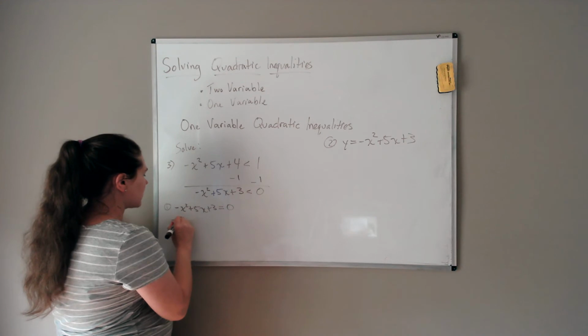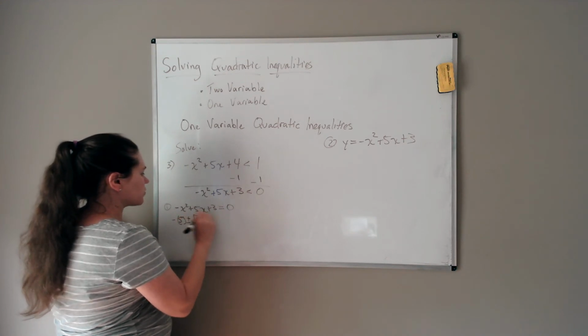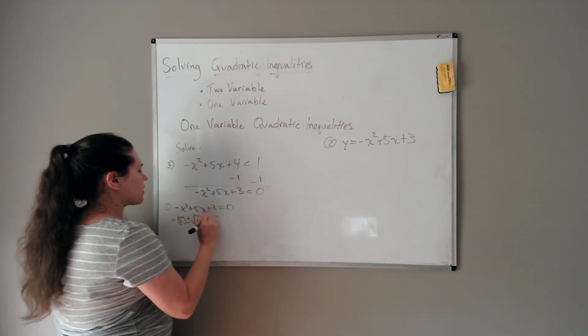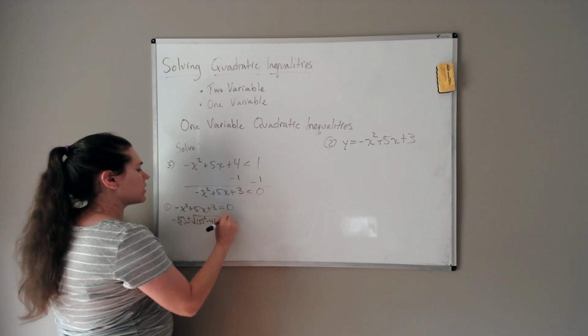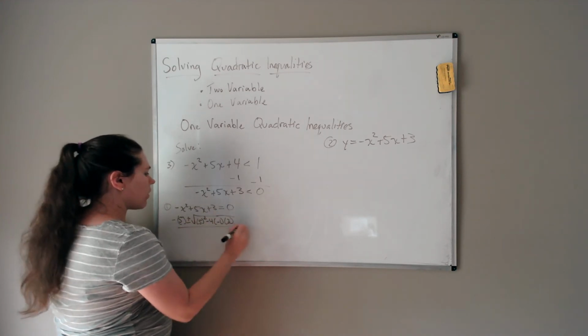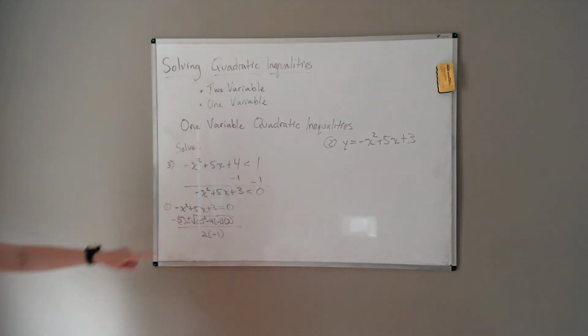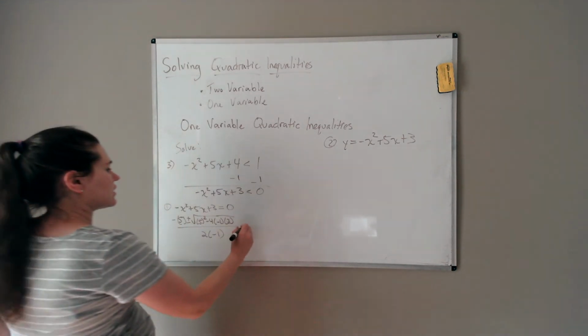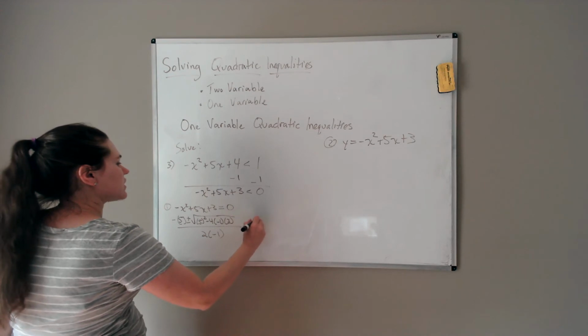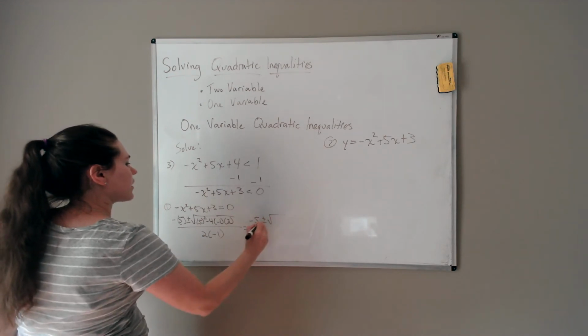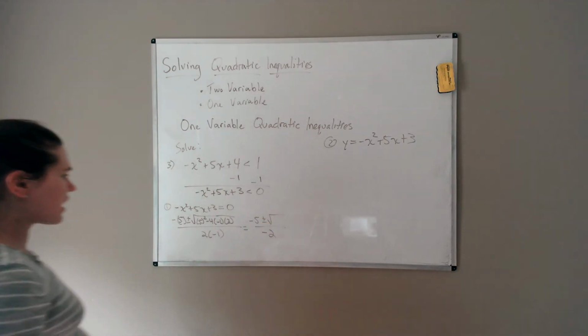So this is going to be -5 plus or minus the square root of 5 squared minus 4 times -1 times 3 all over 2 times -1. So now I have to simplify this and see what my x-intercepts are. So that's -5 plus or minus the square root of some number over -2.